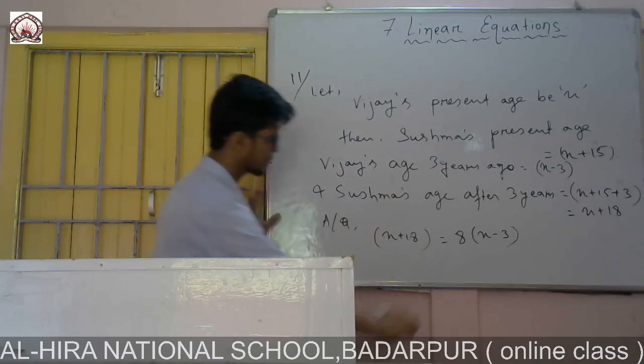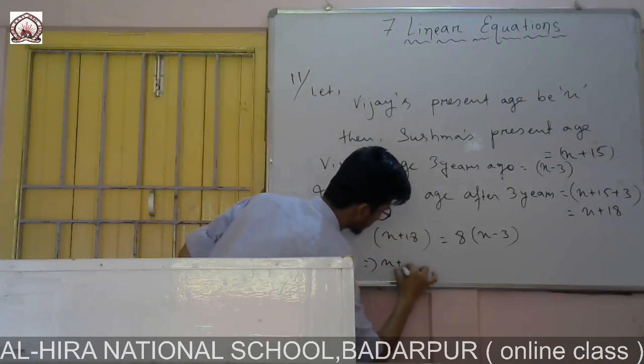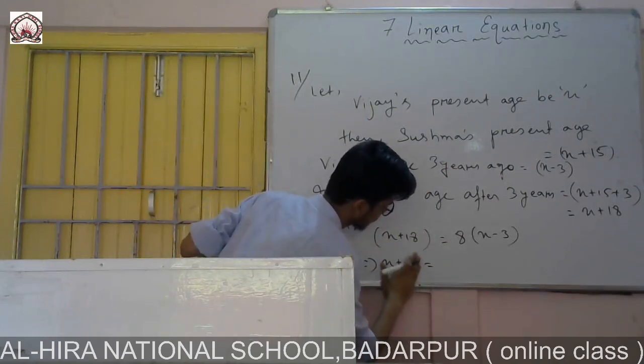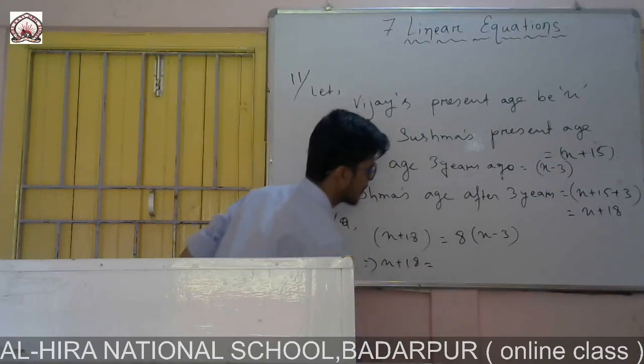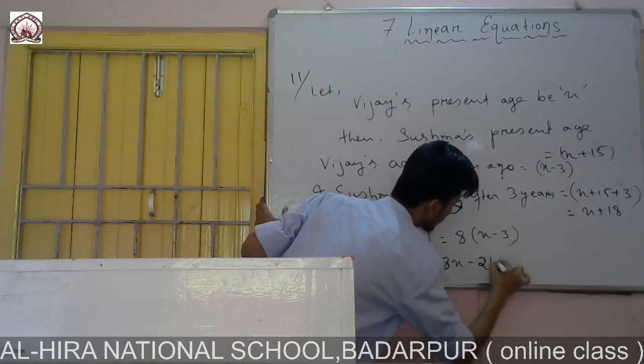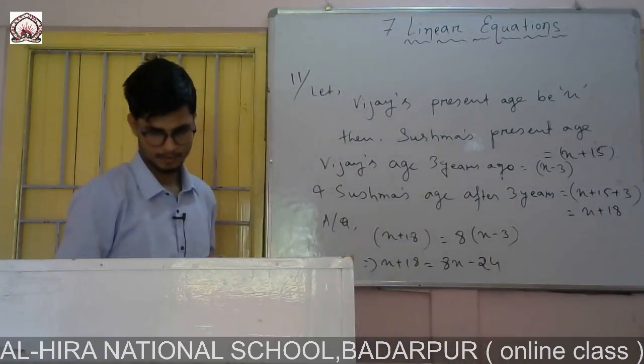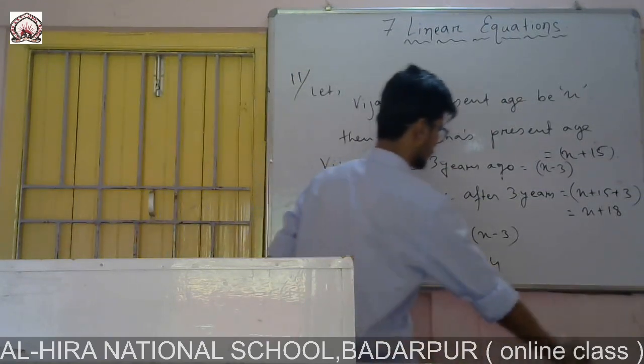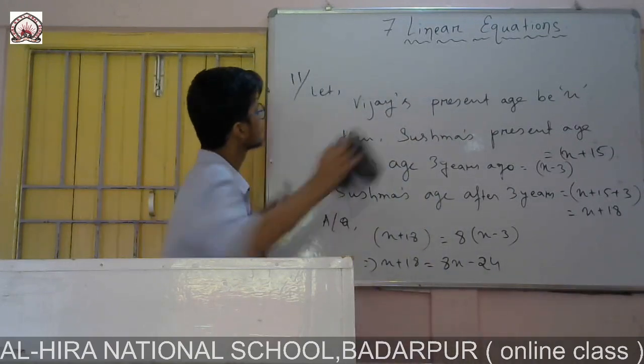Okay, now I will solve this one. There it is x plus 18, and equals to 8 into x, it is 8x, minus 8 threes are 24. Okay, let me rub.